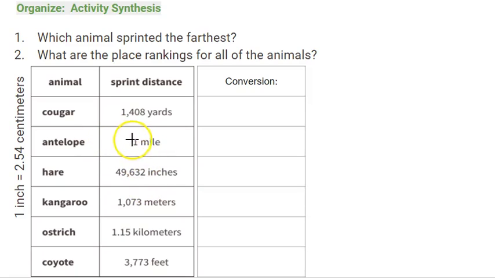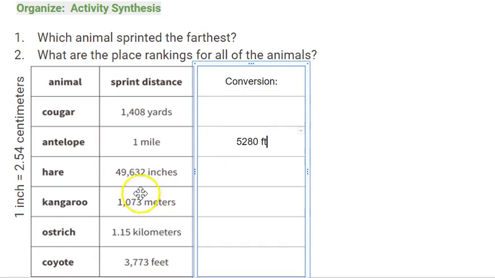So for the antelope, we can figure it out real quick because we just need to know how many feet are in a mile. And 5,280 feet. So we've got one.